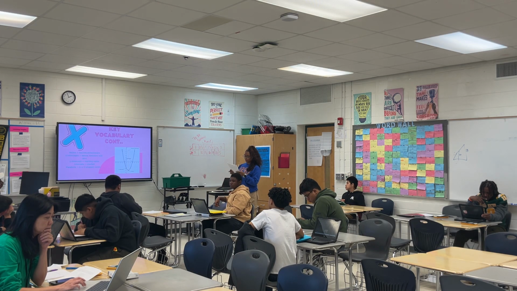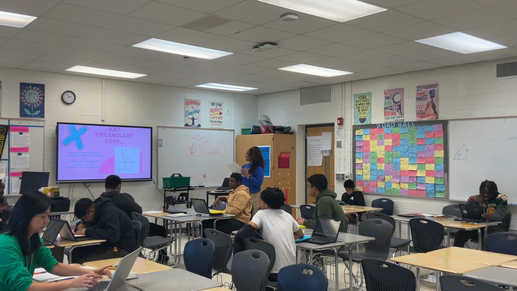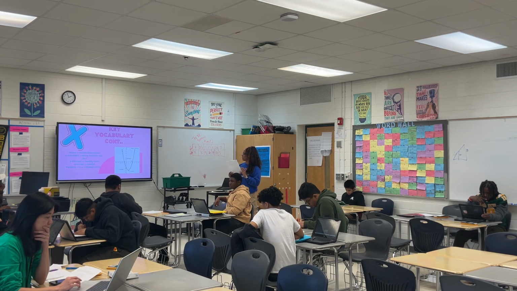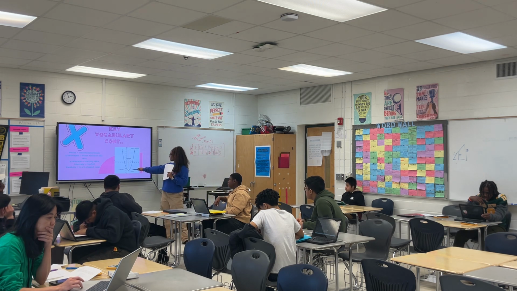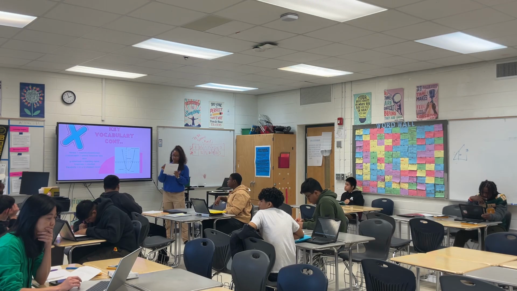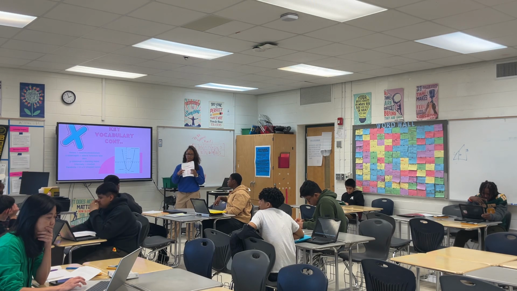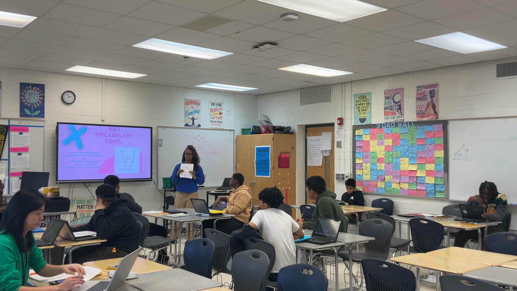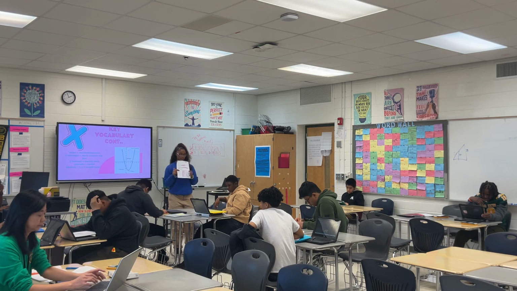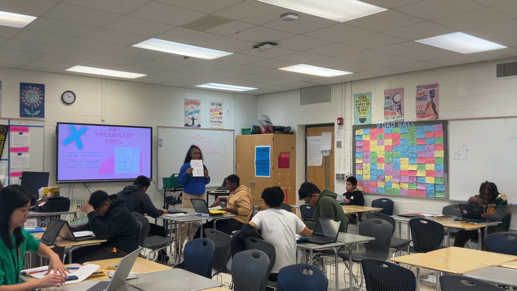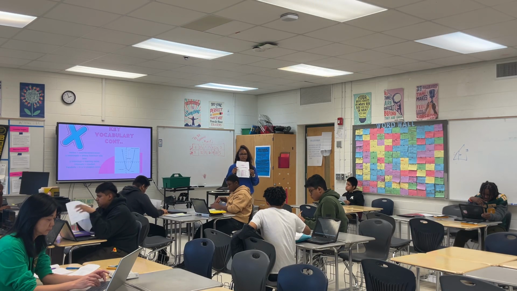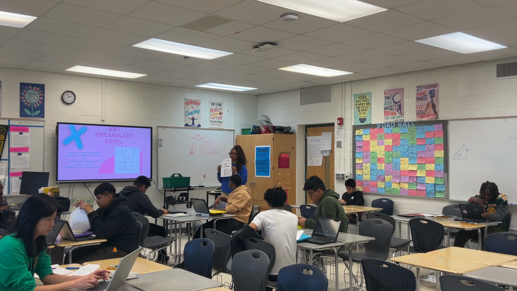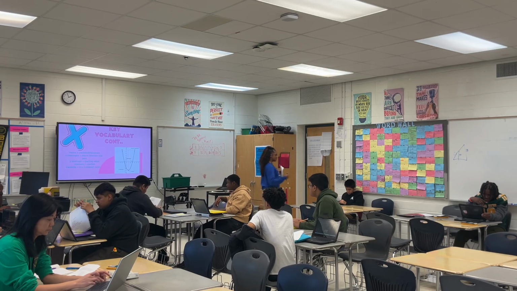Okay, so the first block on your chart says vertex. So it's the maximum or minimum point. So vertex is your maximum, minimum. On your chart, where it says definition for vertex, you're gonna write maximum, minimum.